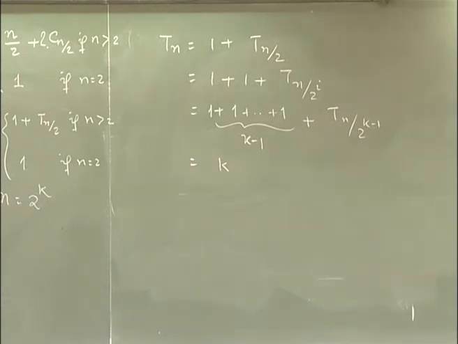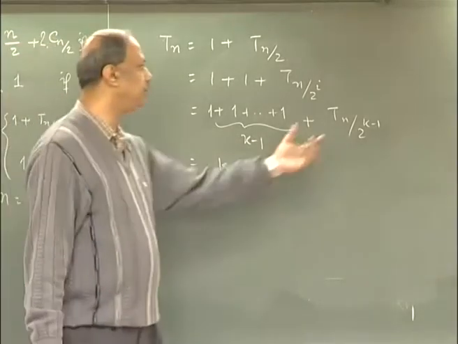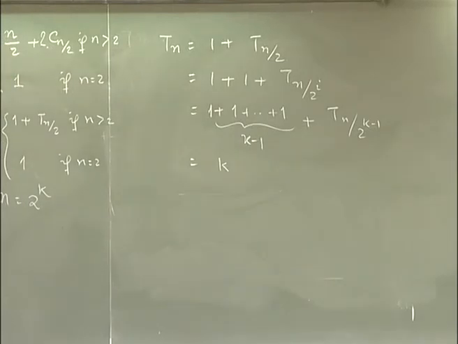Right? Because this becomes T2, T2 is also 1, so it is k, which is your log n.